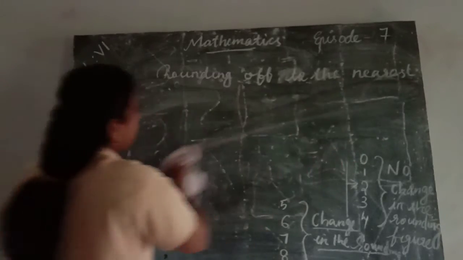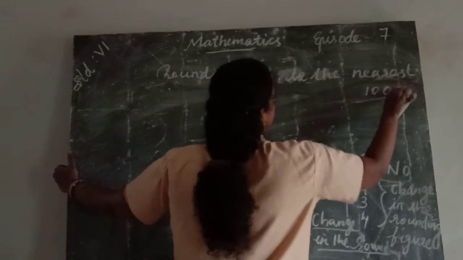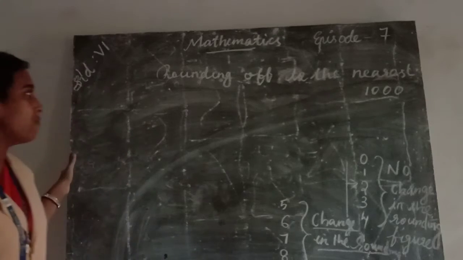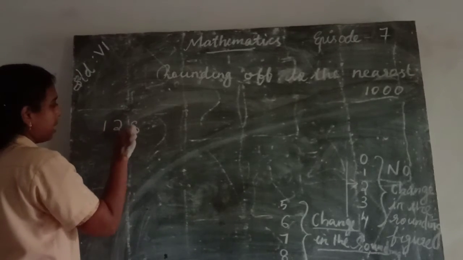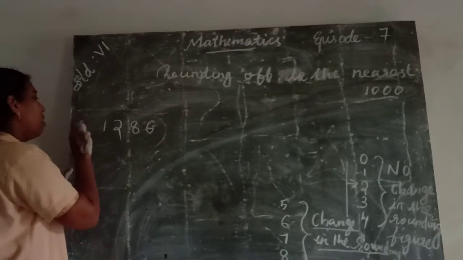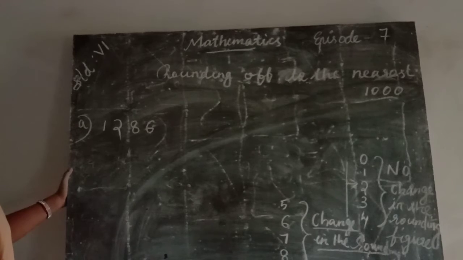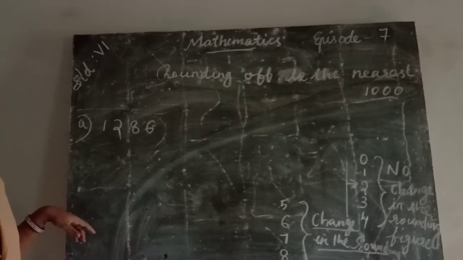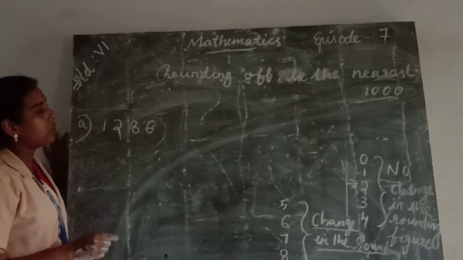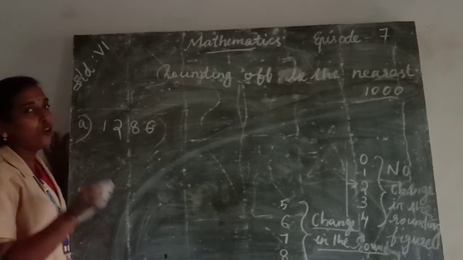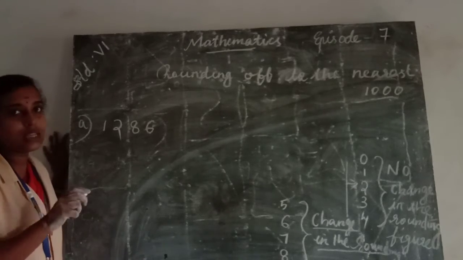So the next question is rounding the numbers to the nearest 1000. In the same way, the question is 1286. How can we round the number to the nearest 1000? For rounding to the nearest 1000, we round the digit at the thousands place.